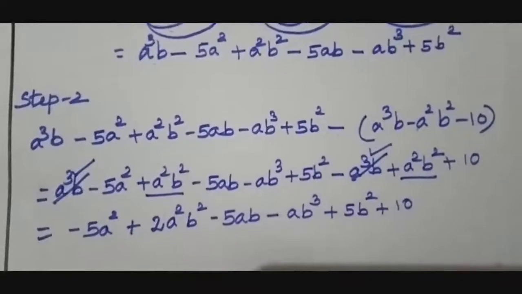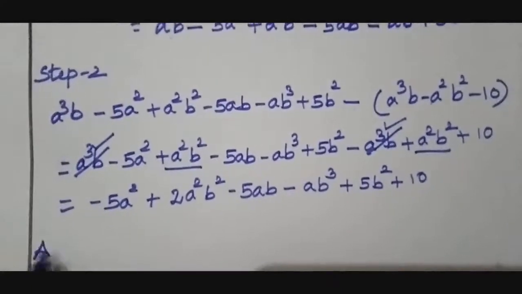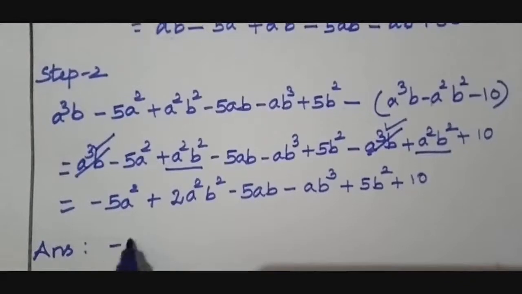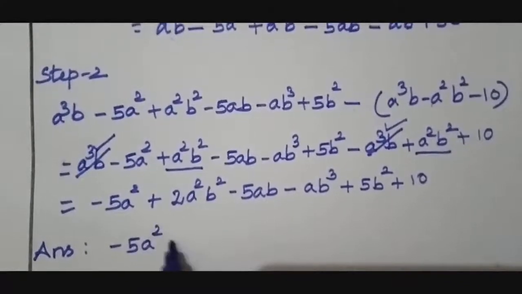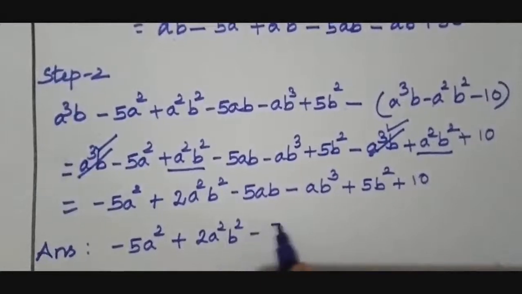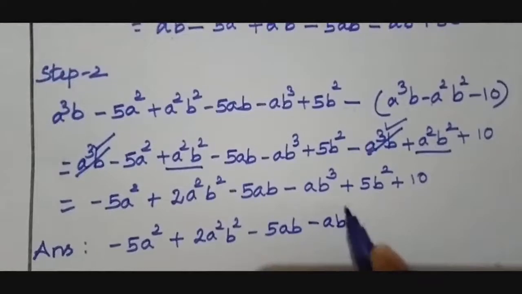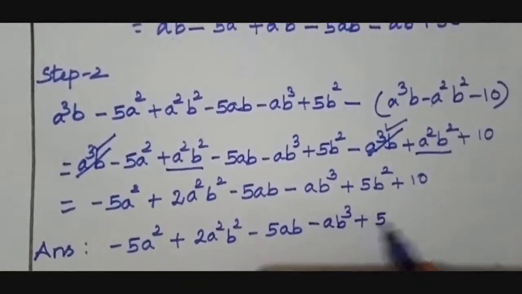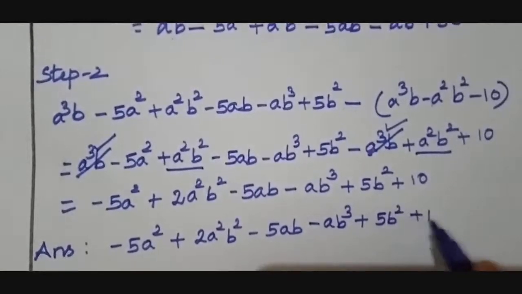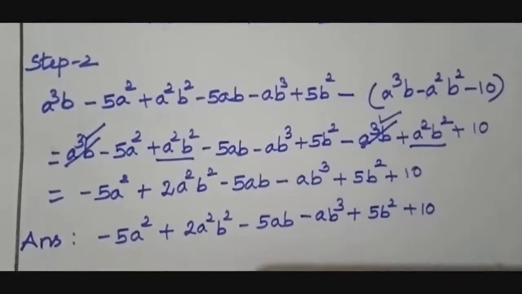These are all different terms. We cannot simplify this one further. So your answer is minus 5a square plus 2a square b square minus 5ab minus ab cube plus 5b square plus 10. Is it clear, children? Yes.